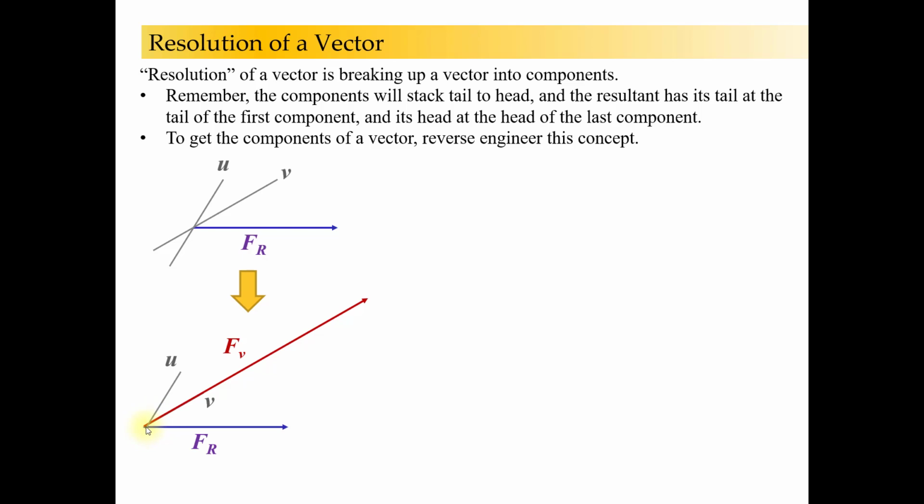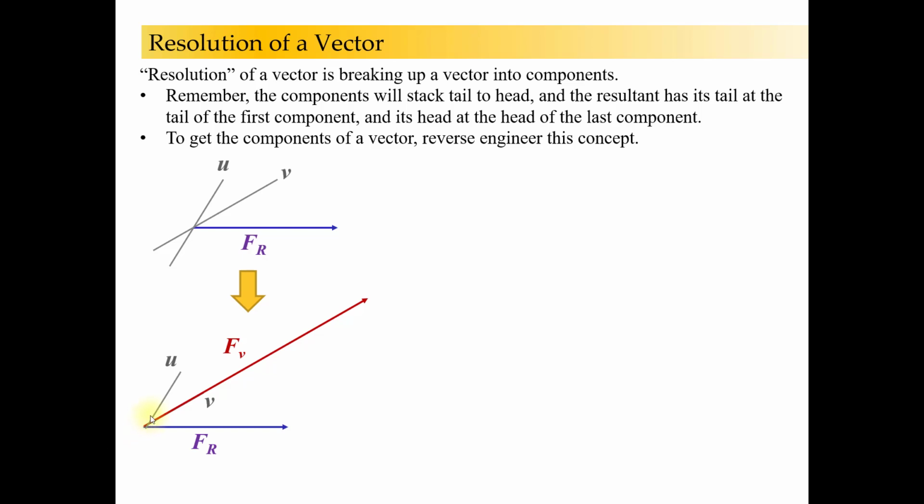Remember that if you add vectors together, the tail of your first vector starts at the beginning. You move the other vector to the head end of the first vector, if you have a second vector, and then when you put its tail there, you put its head where it belongs, and then your resultant is going to start at the tail of the first vector and end at the head of the last vector. And we're just running that in reverse, okay?